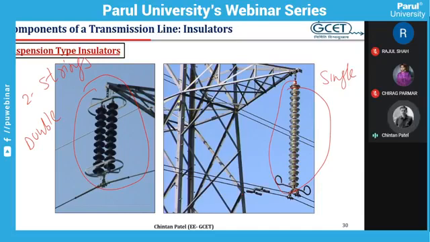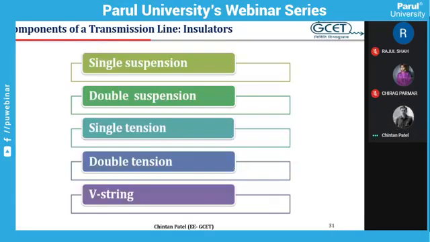This double suspension insulator having 2 strings is used for extra safety when the transmission line is crossing a road, railway, or any important landmark. If there is a problem in one string, then the second string will hold the conductor and can prevent any undesired accidents due to failure of the insulator string.